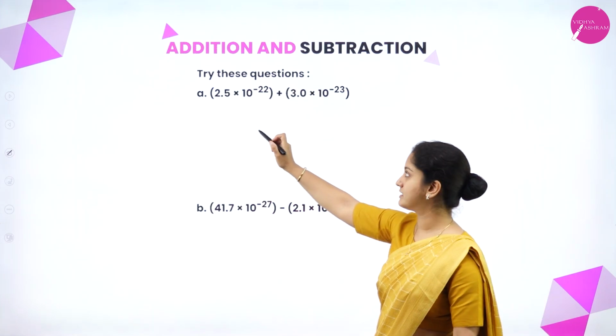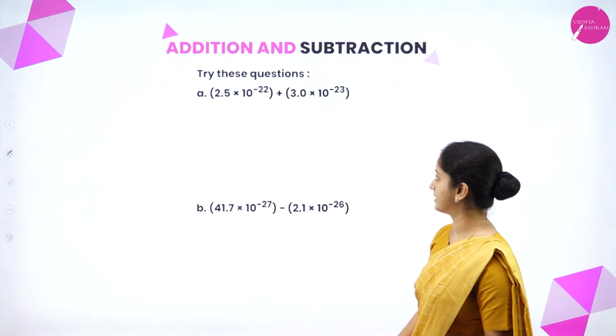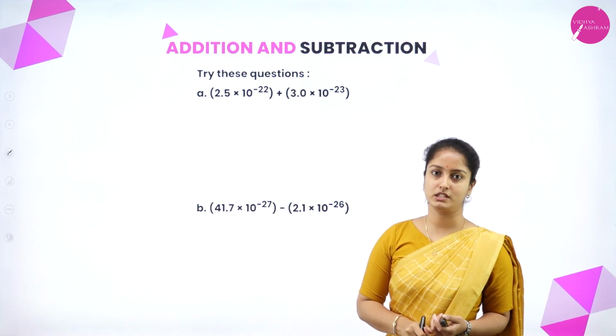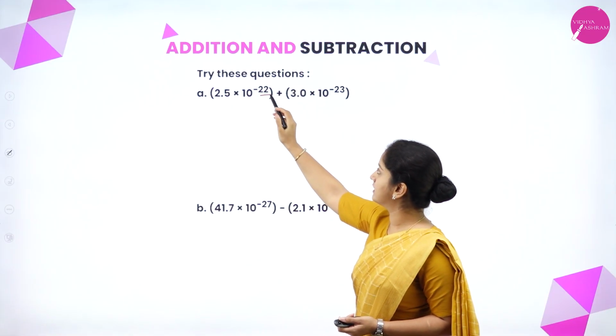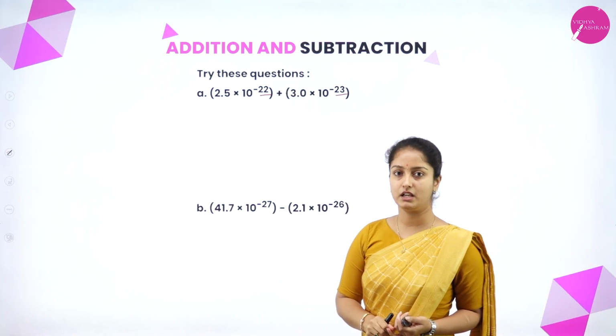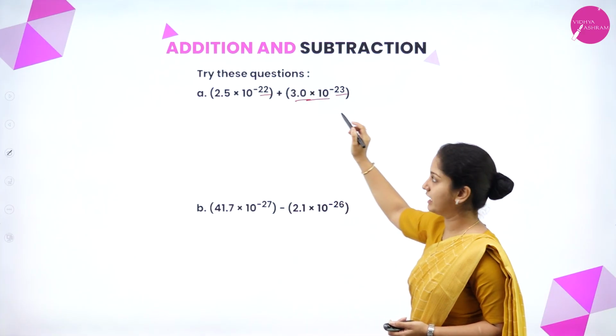So we'll try these questions, addition and subtraction based on scientific notation. So I hope you remember the formula for the scientific notation, how to solve. Then here the powers are different. You have to make the powers equal first. So I'll try to make this power equal.